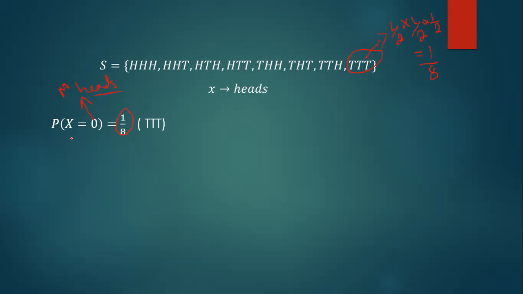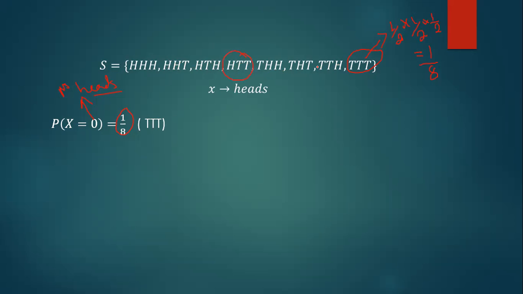So after getting 0 heads, what could be the next? One head. So we still go upwards here in our sample space, and we get those outcomes that are giving us one head. Which ones are those? Head, tail, tail.